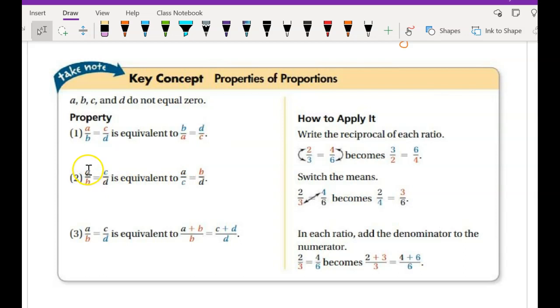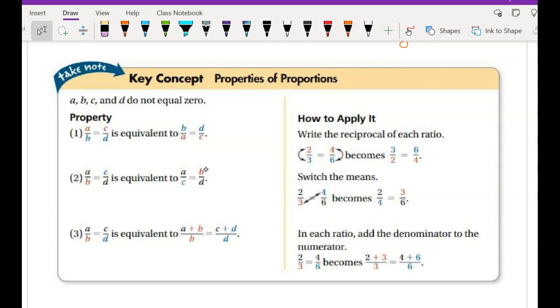So now we have A to B is equal to C to D. And what did we do? Oh, we just kind of flipped them on their sides.